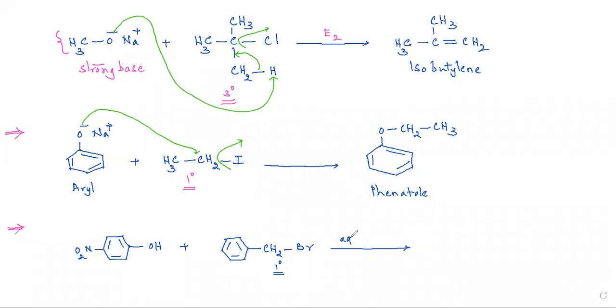Take aqueous sodium hydroxide, which actually converts this OH into ONa, isn't it? You get alkoxide, or in this case, it's phenoxide.